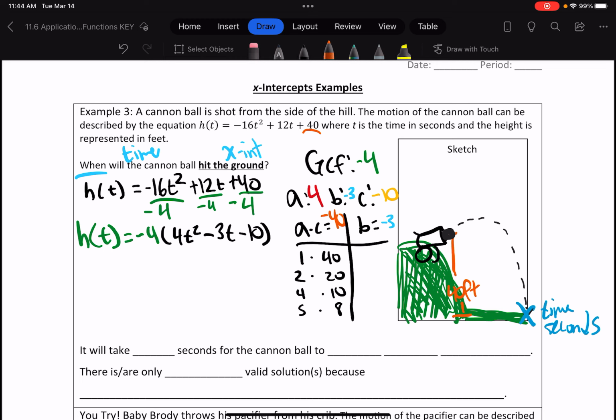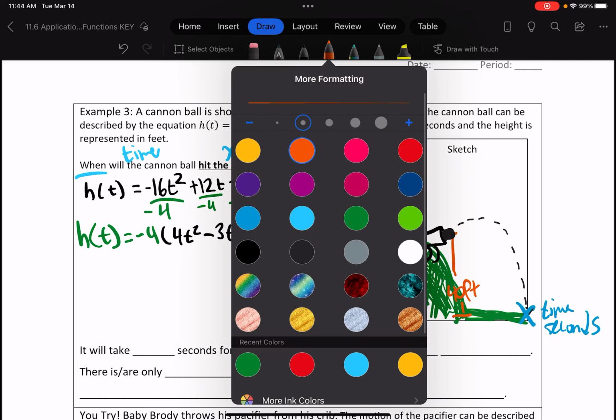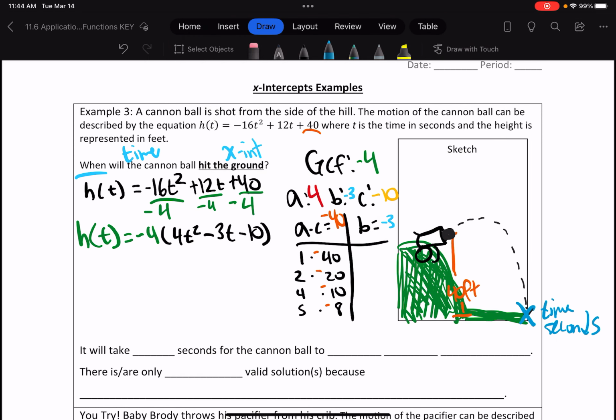But I know that they need to multiply to negative and add to negative, so my larger factor is going to be negative. And the only factor pair that adds to a negative 3 is going to be 5 plus negative 8. So I'm going to break down that negative 3t into 5t minus 8t. And I've got 4t squared minus 10.